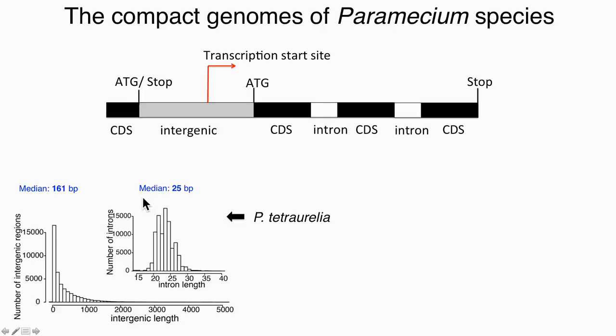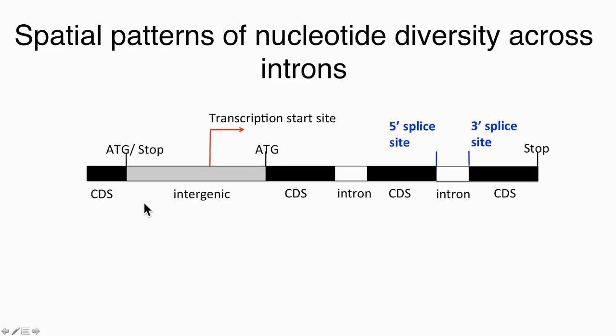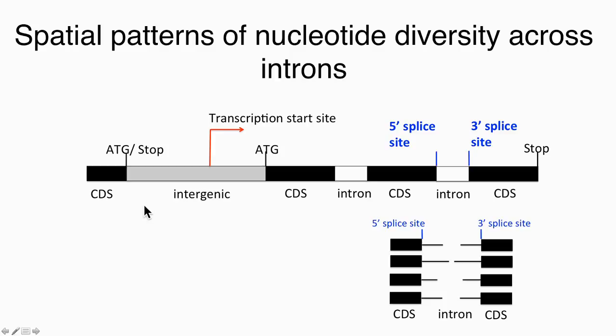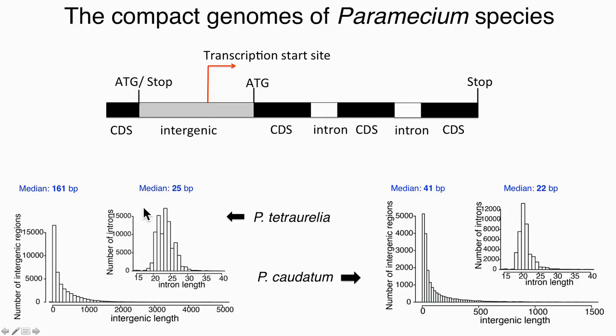In contrast, in the outgroup species, the median intron length is about 22 base pairs, but the median intergenic length is as short as 41 base pairs. This is interesting because for the purpose of this study, intergenic length is defined as the non-coding region between the start and stop of neighboring genes.